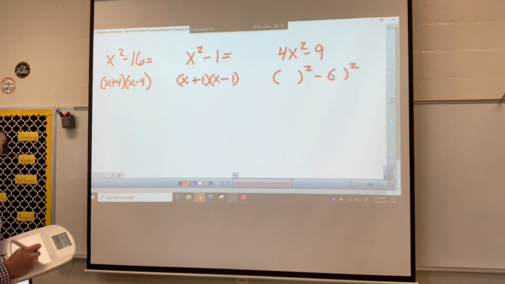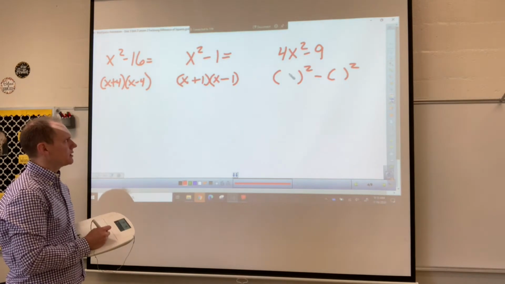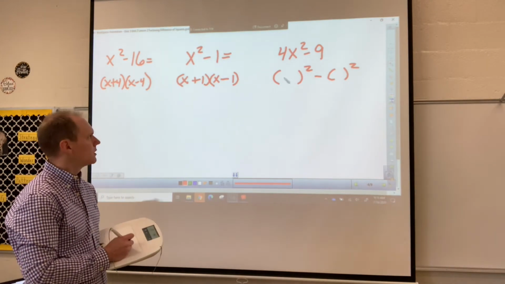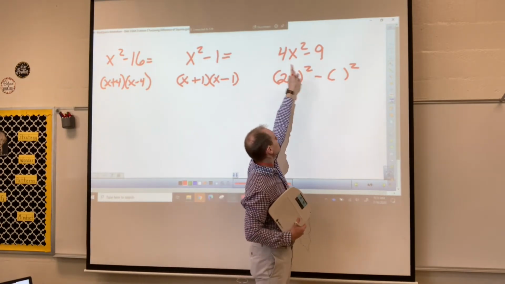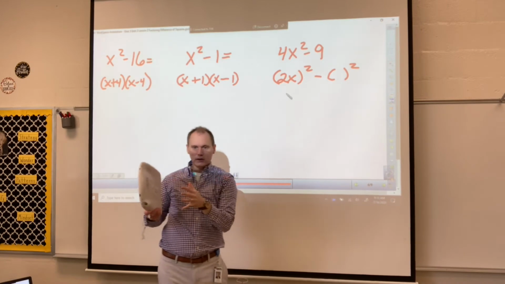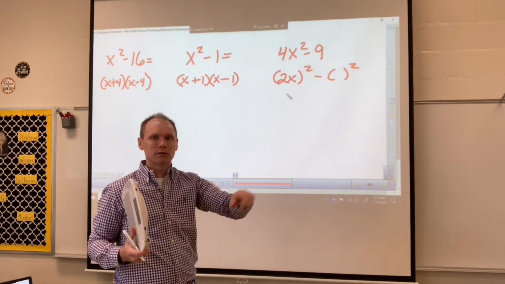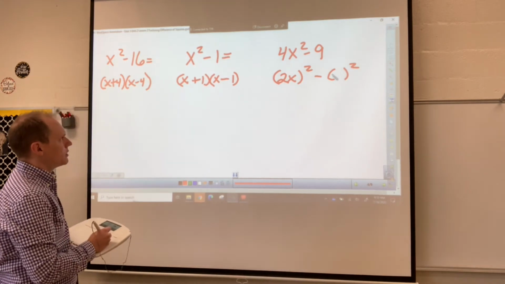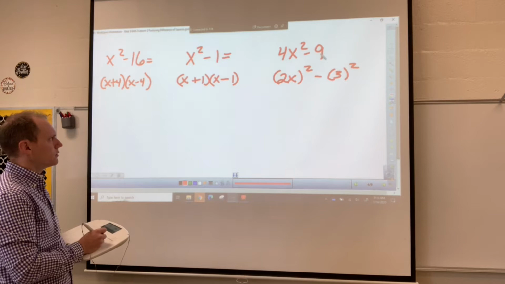Or I guess you could leave it as 9 if you wanted to, but how can we rewrite 4x squared as something squared? 2x. Yeah, 2x, right? Because 2 squared is 4, x squared is x squared, so it's the same thing. But we have it in this template that we want it to be in, something squared minus something squared.